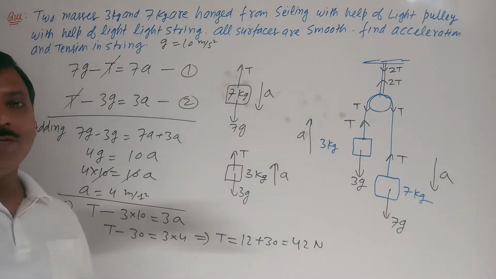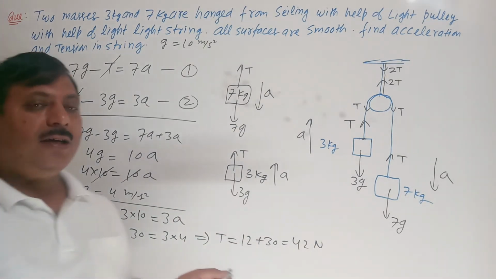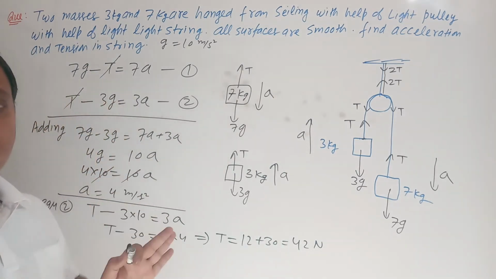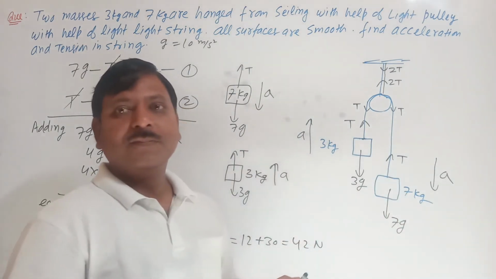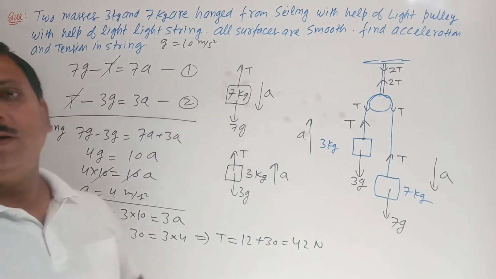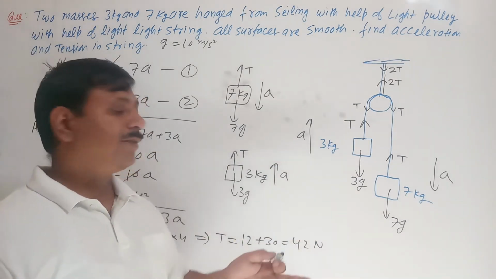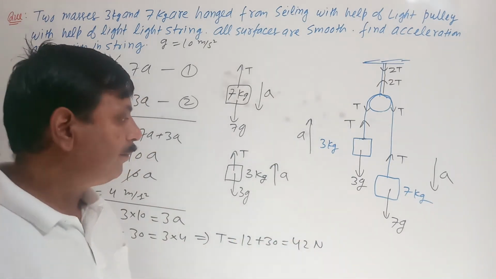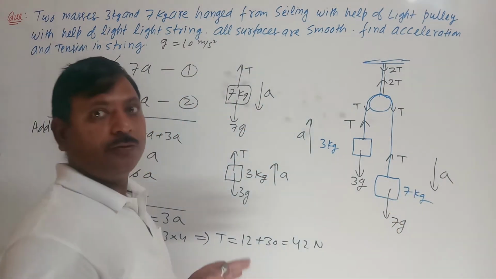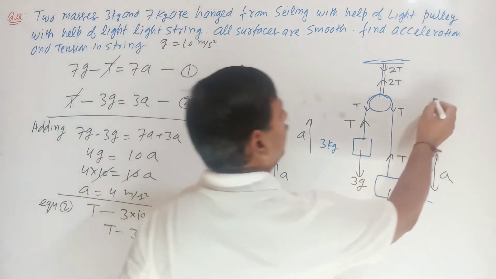We can also find the acceleration directly: net force upon the system divided by total mass, or you can use the formula (m1 minus m2)g upon m1 plus m2. By the direct formula we can find both acceleration and tension.